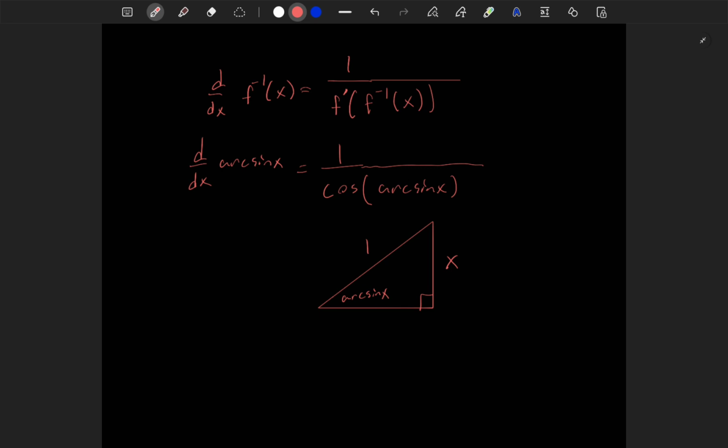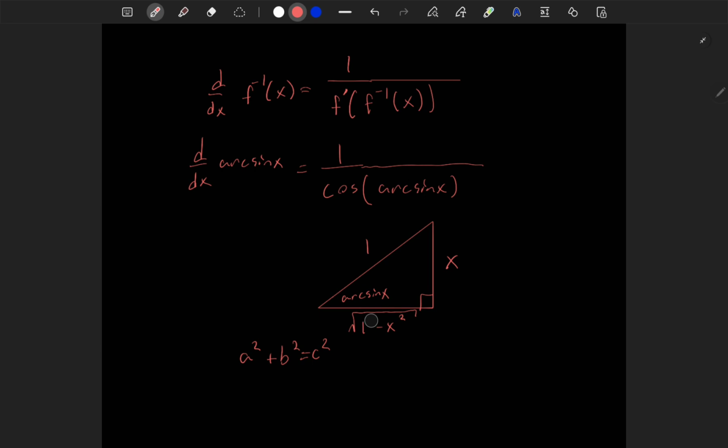But you do basically the same deal. With this triangle, I can find what the cosine of arc sine of x is, because I know a squared plus b squared is c squared, the Pythagorean theorem. That tells me 1 squared minus x squared has to be this third side squared.